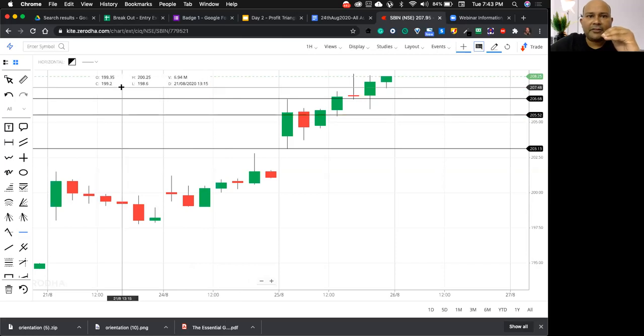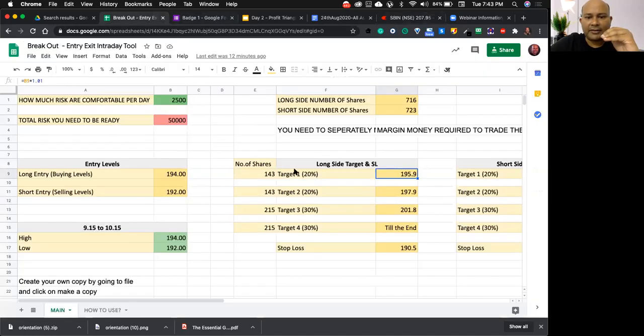So what I have done, to make you very comfortable with all the different targets, is give you 4 targets. For example, if you have 100 shares, you can exit 20 shares at target 1, and 20 shares at target 2. For example, entry is say 194. If target 2 hits, it is 197.